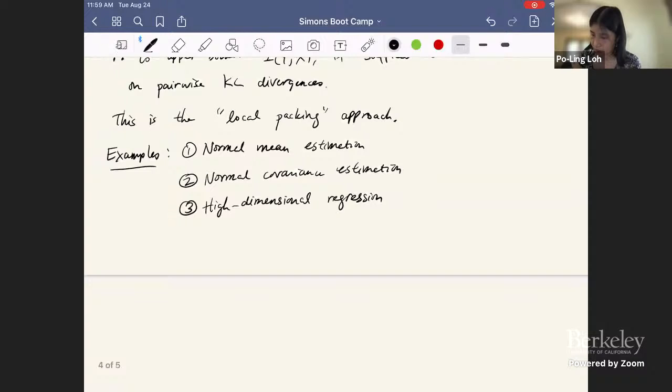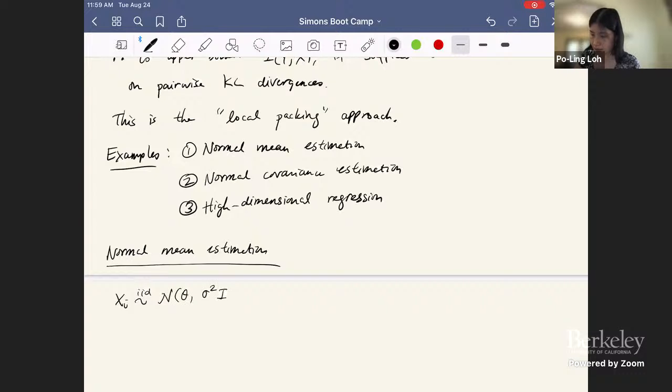So let's first talk about normal mean estimation. This is a parametric problem. We have xi, which are coming iid from a normal distribution, normal theta, sigma squared, I sub p, so a p-dimensional normal distribution. And the goal is to estimate theta, which is living in R^p.